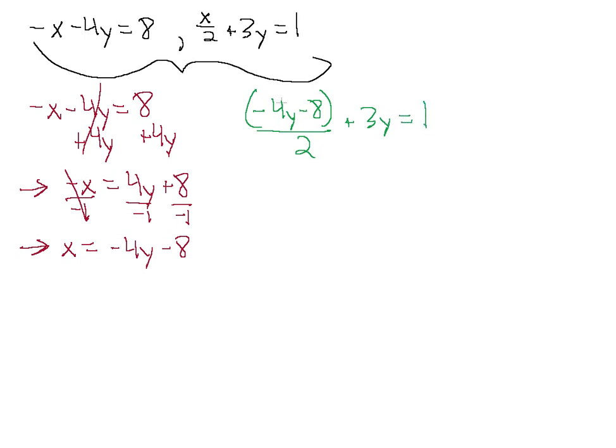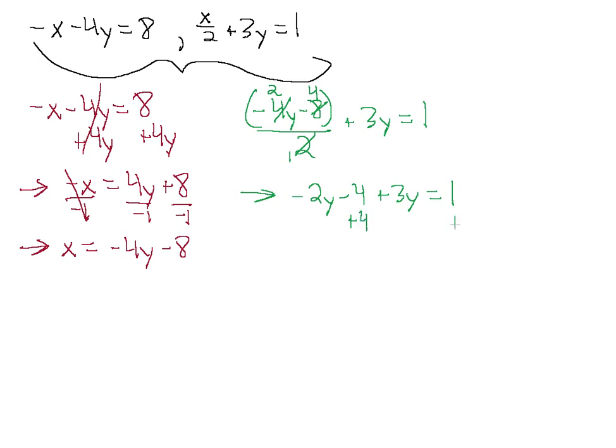All right, now a little simplification will go a long way, so let's factor out a 2 from all three of these terms, and that'll get rid of the denominator in the fraction bar, which will help us out a lot. We're left with minus 2y minus 4 plus 3y equals 1. All right, so we'll just go about simply solving for y by combining like terms.